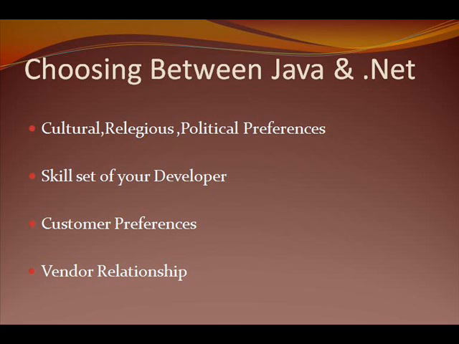So naturally at that moment .NET is the better choice, because in .NET the coding is much less compared to Java. And vendor relationship: vendor means, suppose our company has a good rapport with Sun Microsystems, so naturally, if we have a good relationship, we respect our vendors and develop the application in Java.